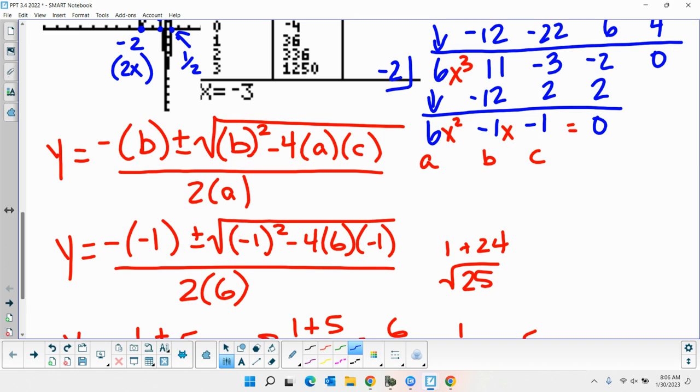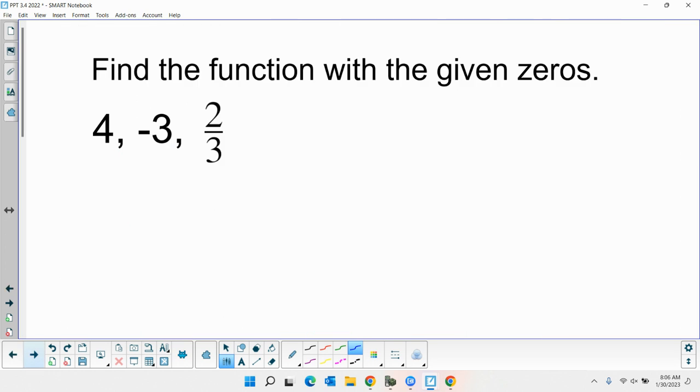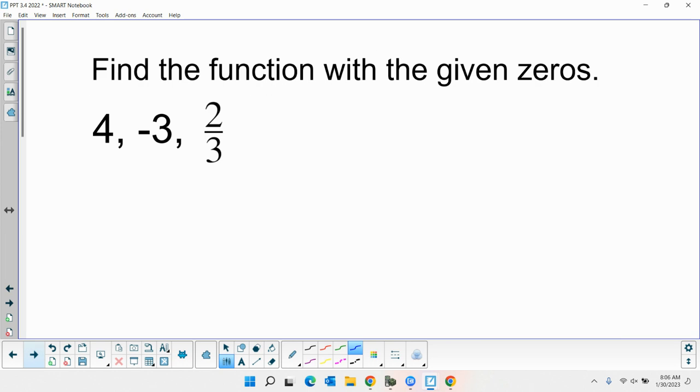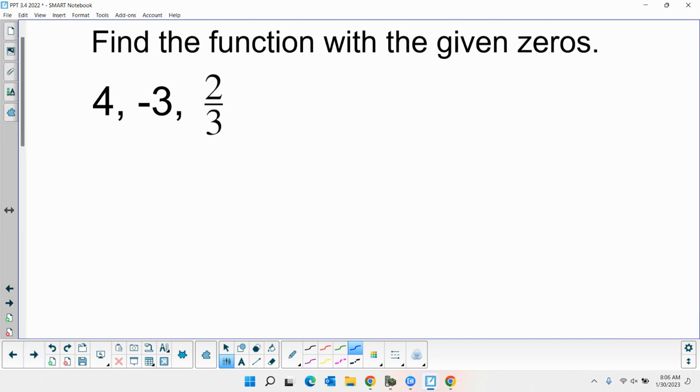Any questions on that? The other thing we're doing this week is I'm giving you the zeros, and you have to tell me the function. You got to give me this part. So we're going backwards. So here's 3 zeros. We have to find the polynomial, the function that goes with that.